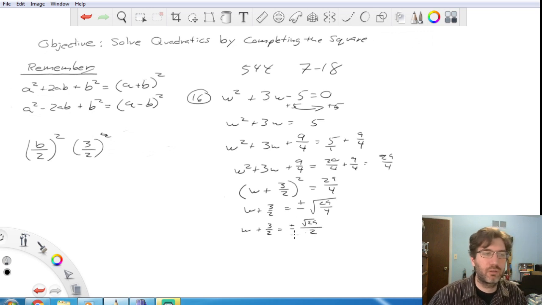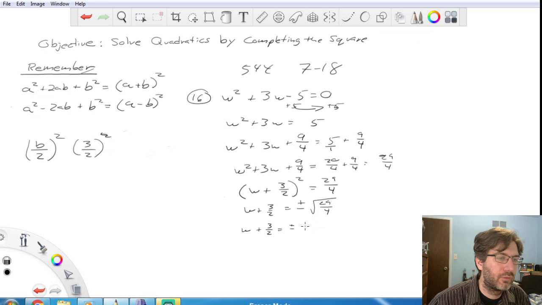Those are the same thing, because you can just distribute the square root to both of them. In that case, you're going to subtract 3/2 from both of them. So this here is technically your answer.